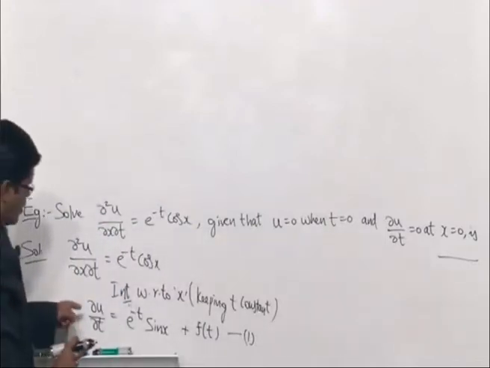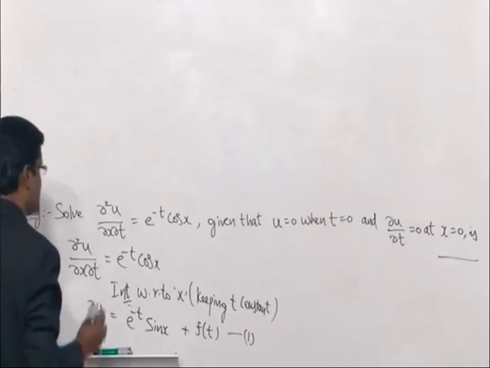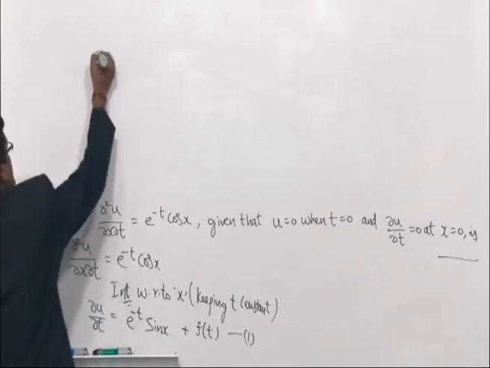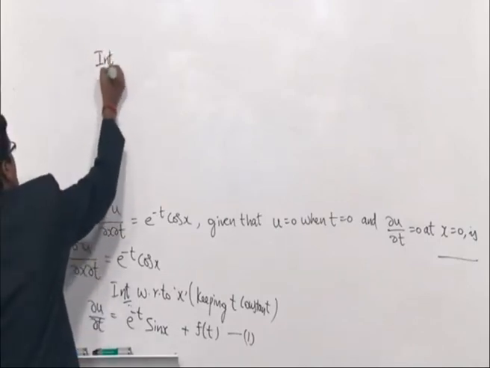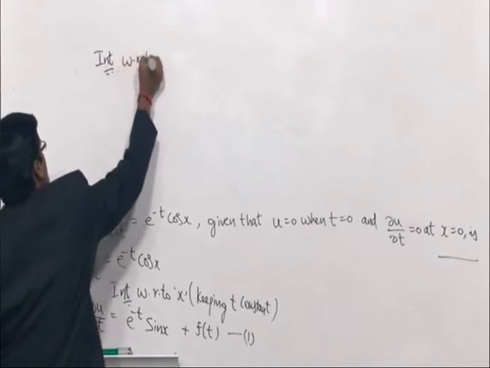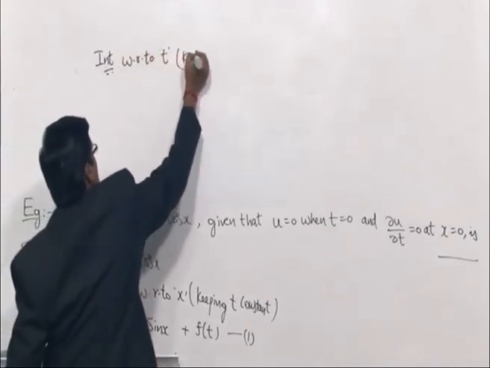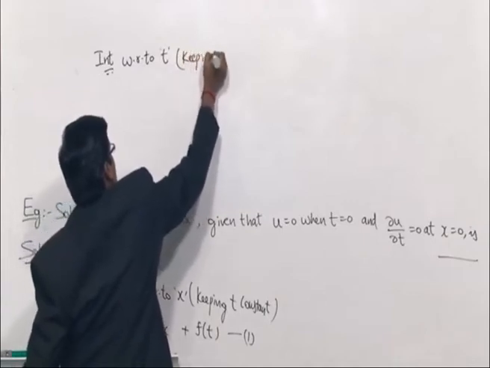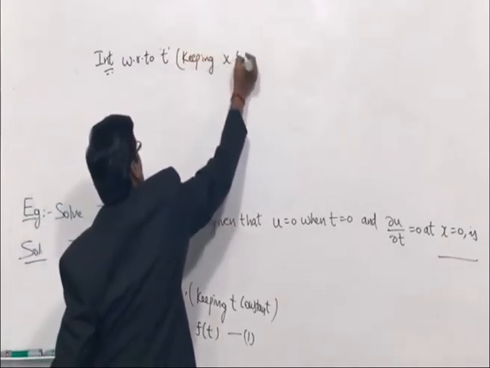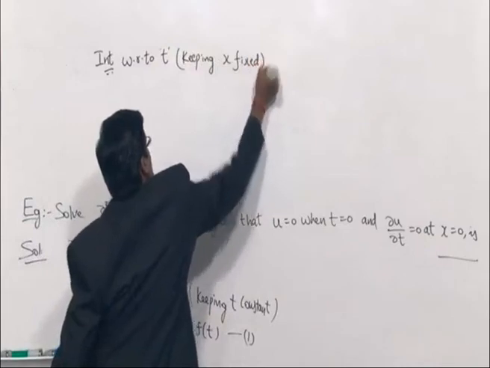So to get u, now we have to eliminate ∂/∂t, that means integrating with respect to t, keeping x fixed.